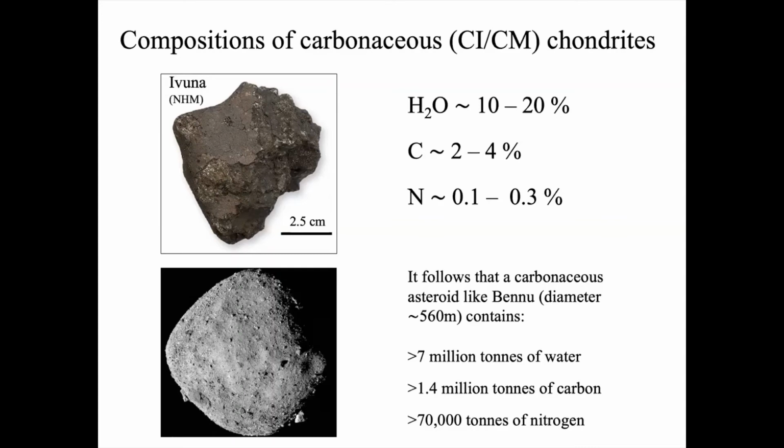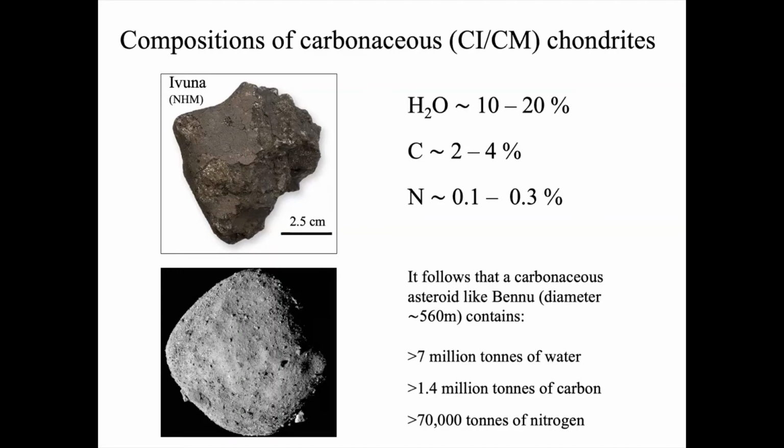In the context of human exploration, people will need water to survive, but water is also easily splittable, provided you've got an energy source, into hydrogen and oxygen. People also need oxygen to breathe. Hydrogen and oxygen in combination is a very useful rocket fuel. So water would be a very useful substance to have.